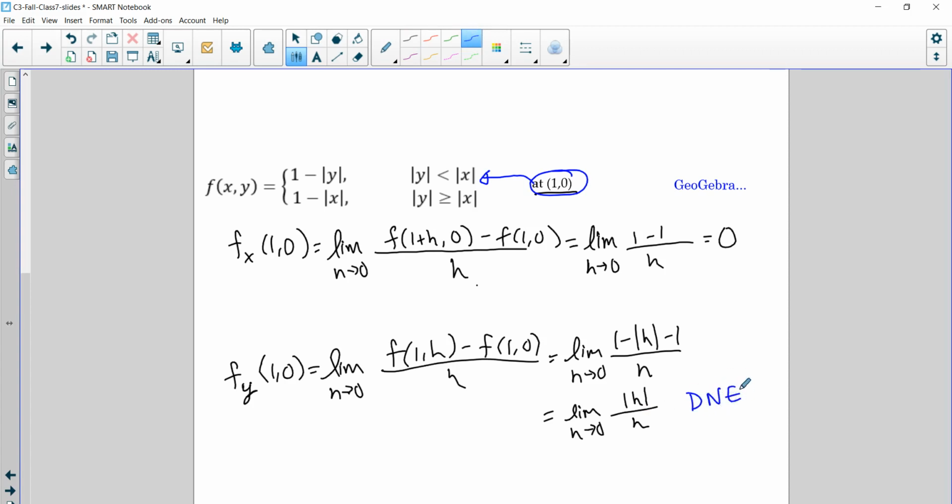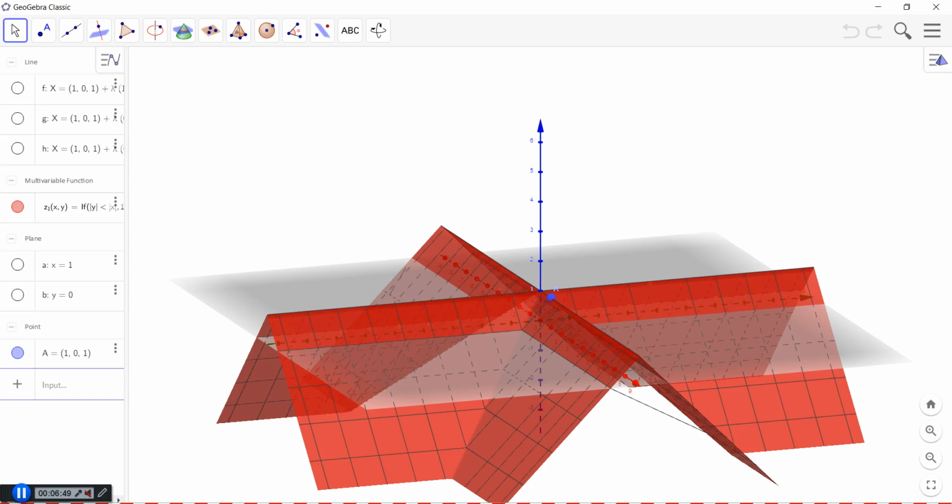Okay, and just to double check that, we can actually make this surface in GeoGebra. And that's another file that is located in the Google Drive folder. I believe it's called a double tent. And so here's the graph of that last function. Okay, and it looks kind of wonky. I kind of like it.